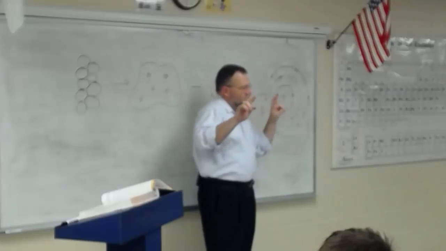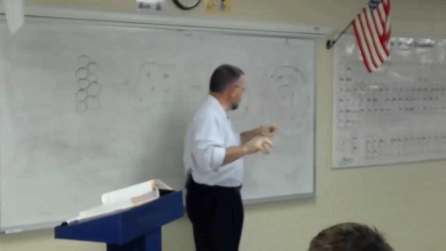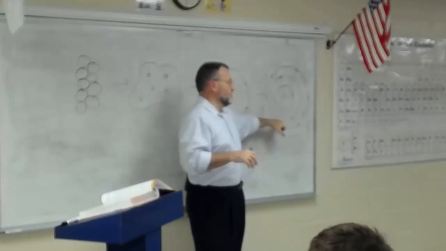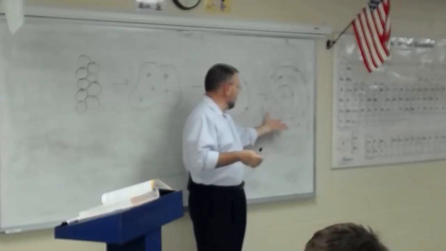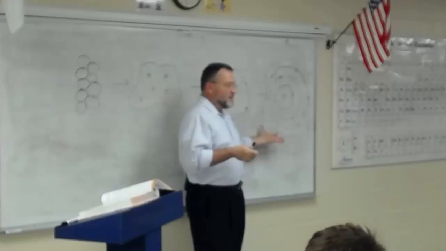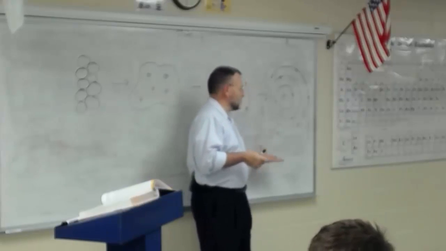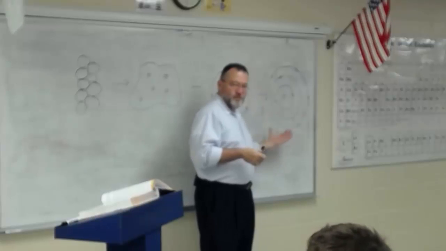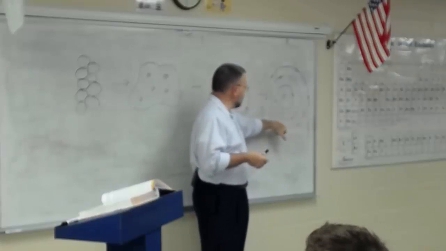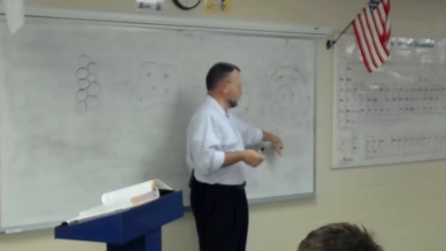It's not where it's supposed to be, right? It's supposed to be in this ring. So after receiving that energy and after being excited and moving out, the electron is naturally going to collapse back in to where it's supposed to be. It's in the orbit that it's supposed to be at. There's now a vacancy here that needs to be filled because this electron has moved out to another ring.